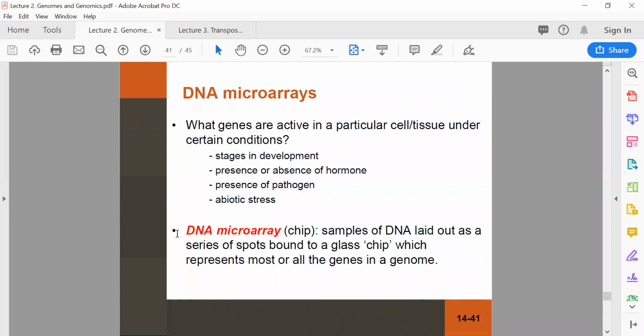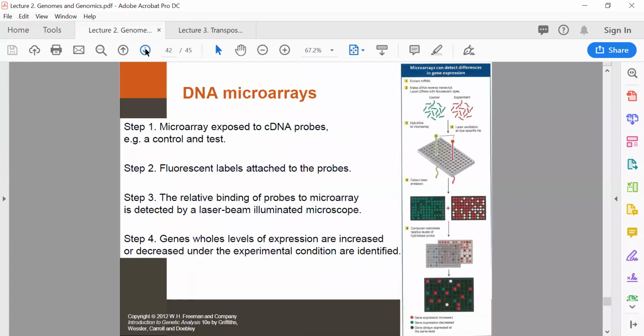So really useful technology. In this DNA microarray technology, the microarray is often referred to as a chip. Samples of DNA are laid out as a series of spots which are bound to a glass chip which represents most or all of the genes in a particular genome. I don't have an image of a microarray chip for you, but that's okay.